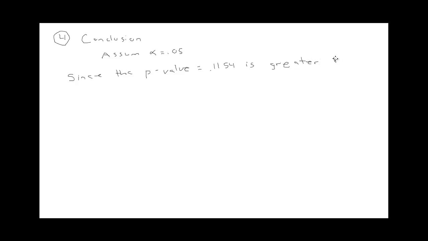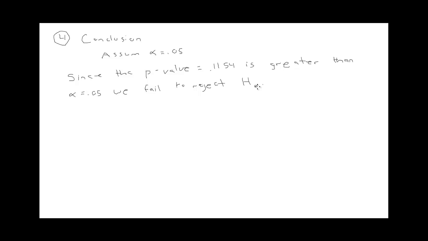So is greater than alpha equals 0.05. Or you could say is greater than your 5% level of significance or your 5% significance level. What does that mean? That means we fail to reject the null. So I need to make that decision right now. We fail to reject the null hypothesis.